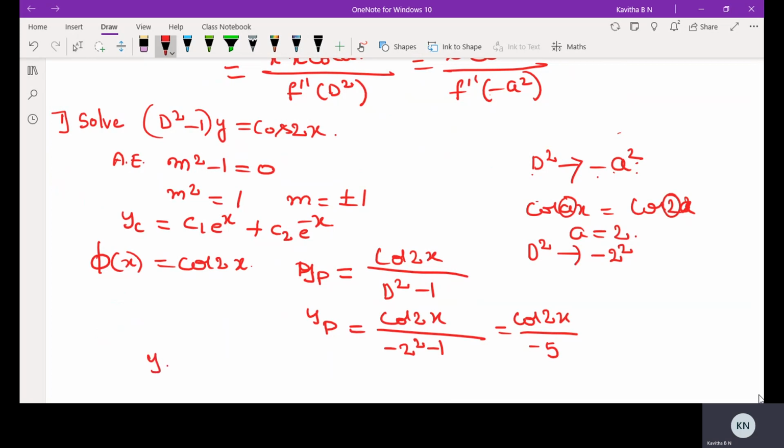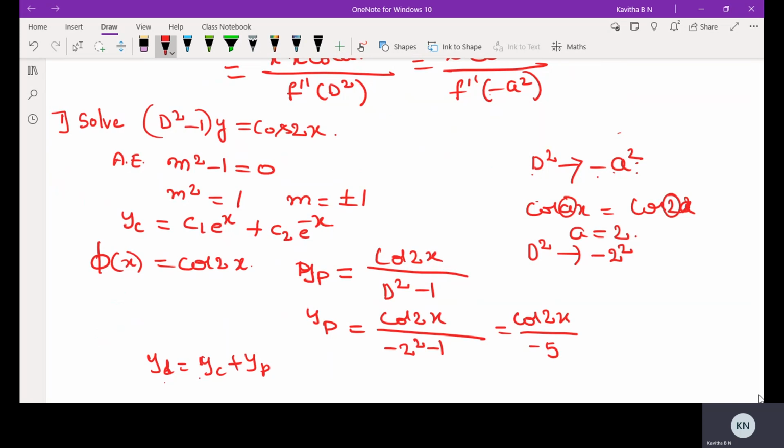Then write down y is equal to yc plus yp.